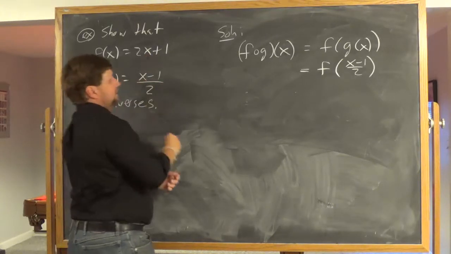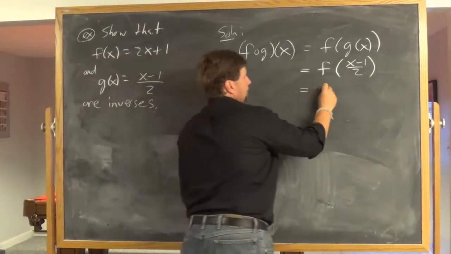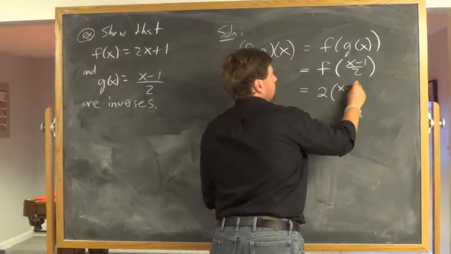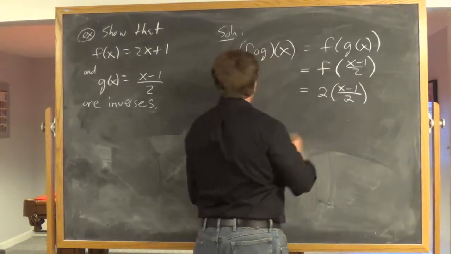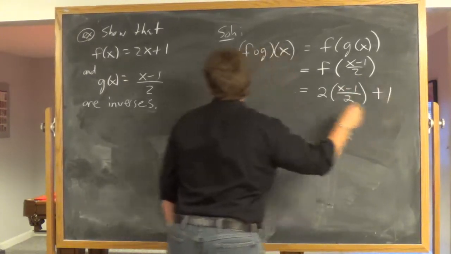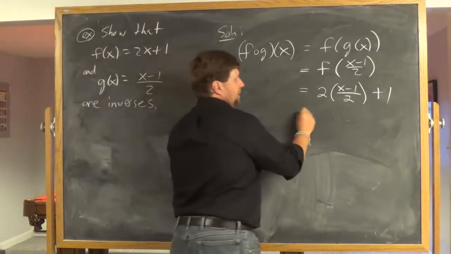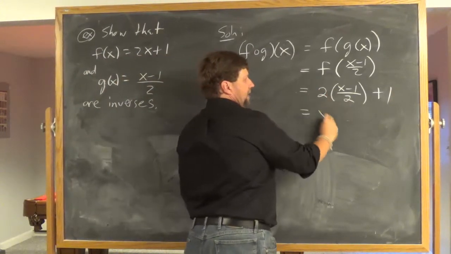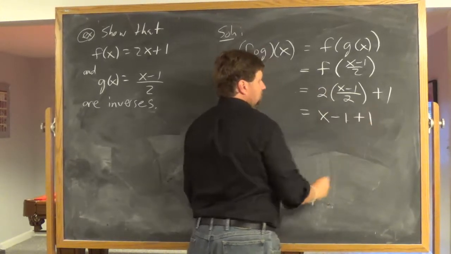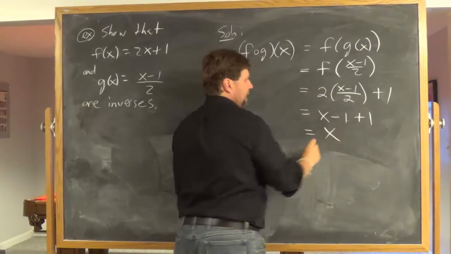There's only one x. So we have 2 times x minus 1 over 2, and I can't forget the plus 1. Let's simplify this down. These 2's will cancel out. You're left with x minus 1 plus 1. That simplifies down to x.